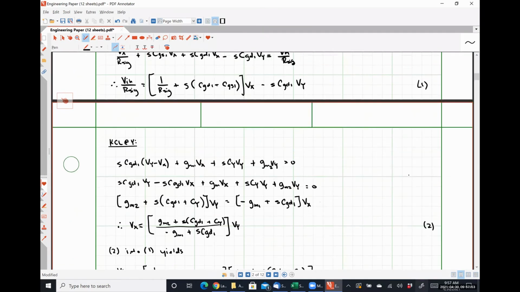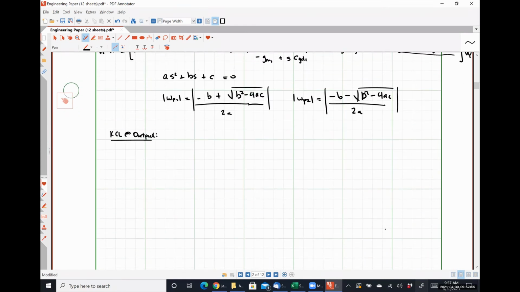So nothing too crazy there. So this is going to look like S C out V out plus V out over RD minus GM2 Vy is equal to 0.